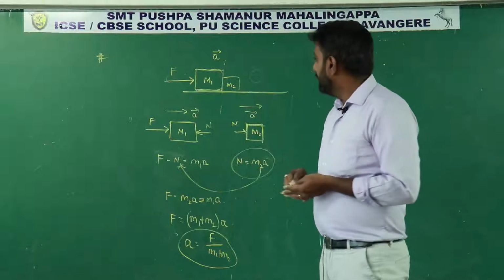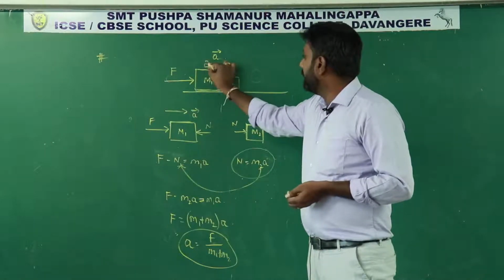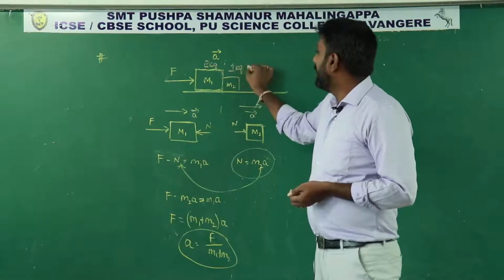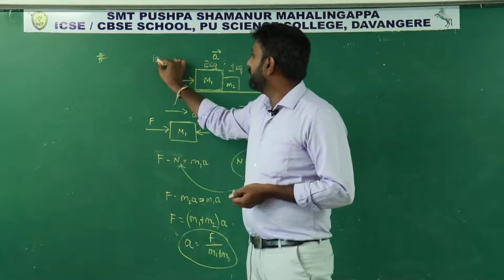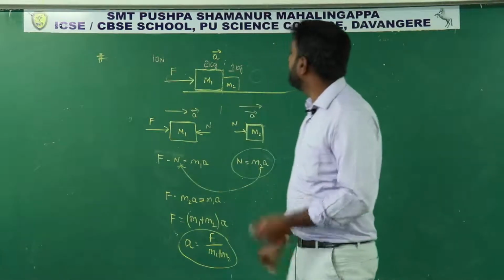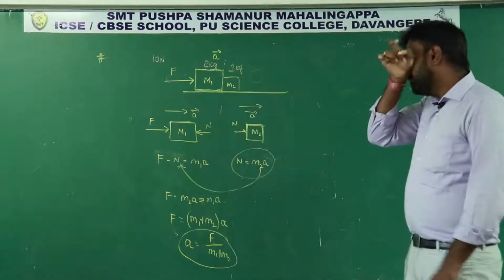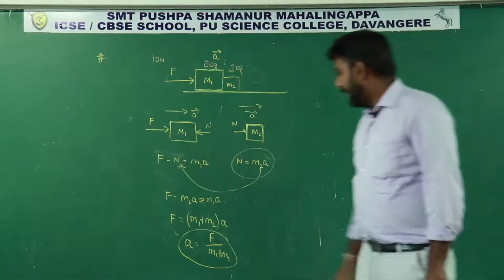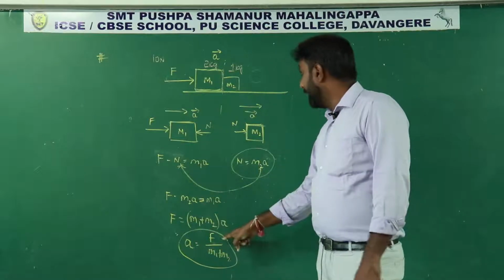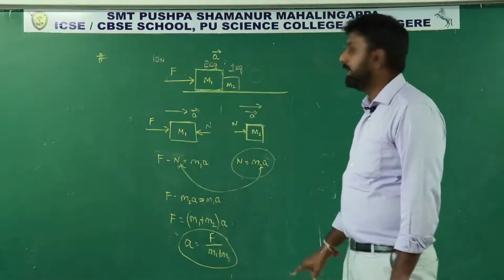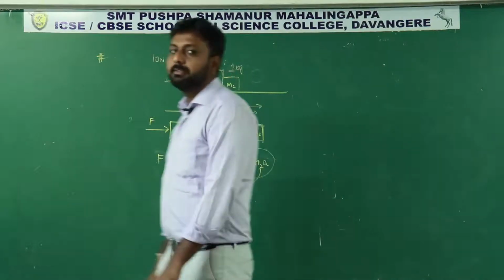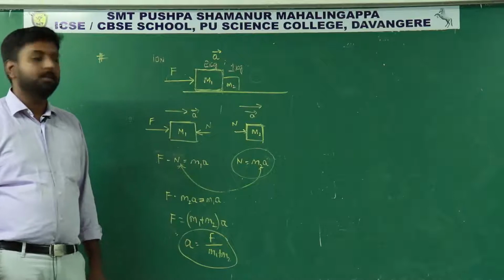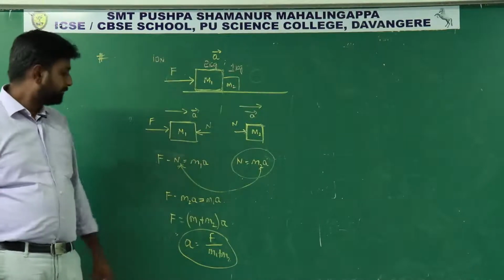For example, if this is a 2 kg block and this is a 1 kg block, and you apply 10 newton force, what is the acceleration of the system? The acceleration is a equals 10 divided by 3 meter per second square. That is the acceleration of this system.